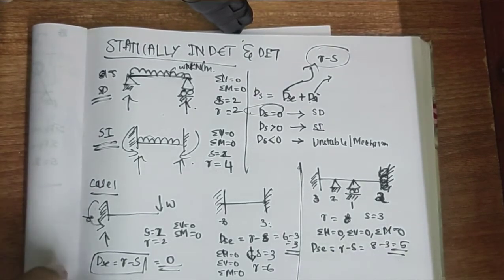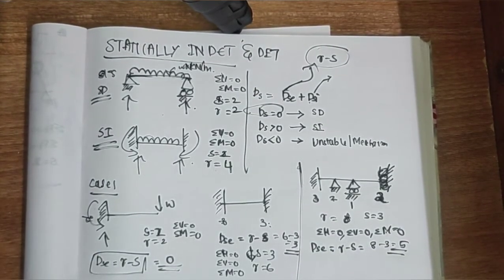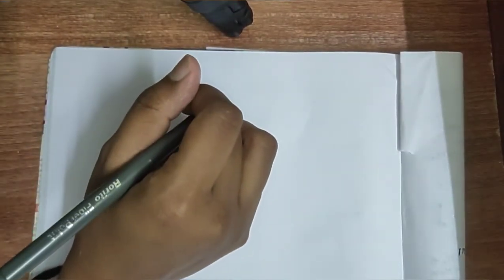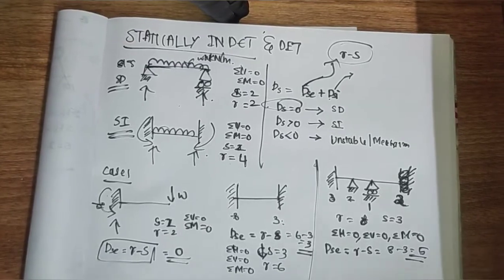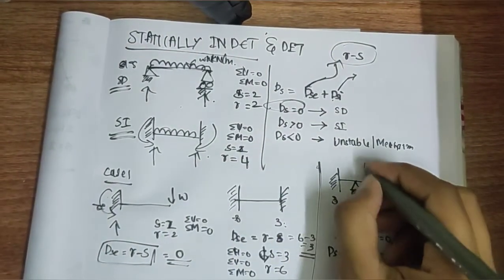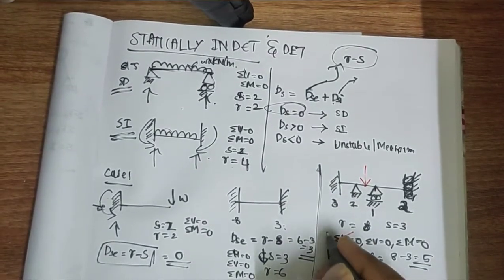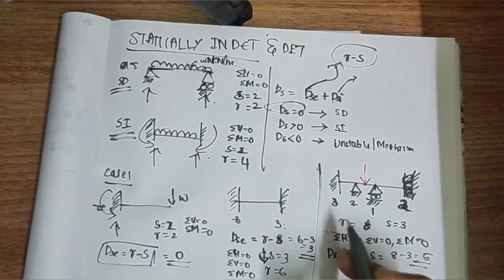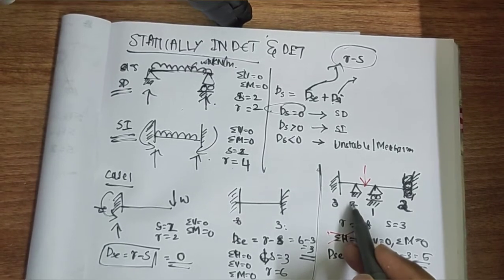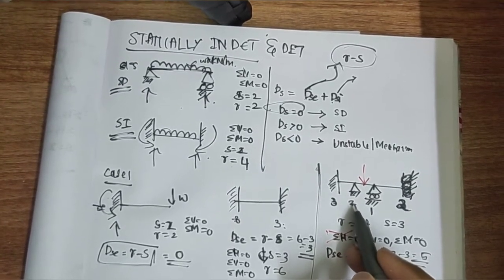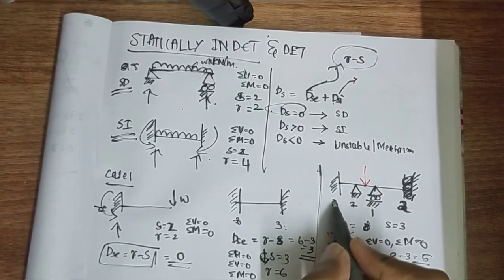Next we can see another example, the same example I have mentioned. If an external load is acting like this, then there won't be any horizontal reaction, so we can cut this down.